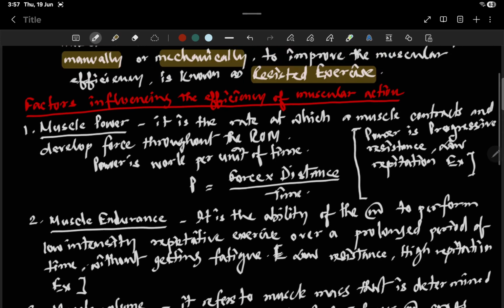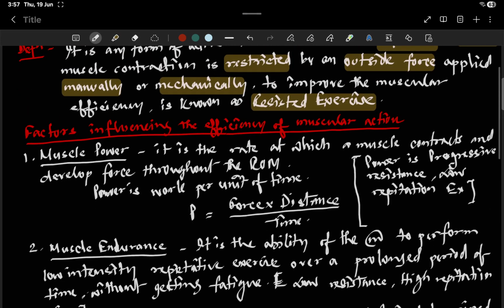Okay, so these are the factors influencing the efficacy of the muscle action.